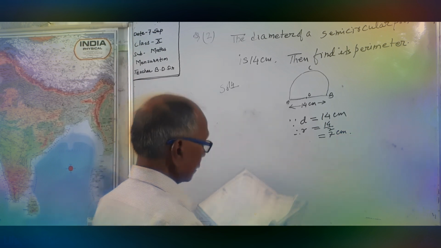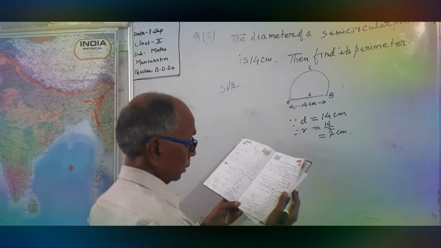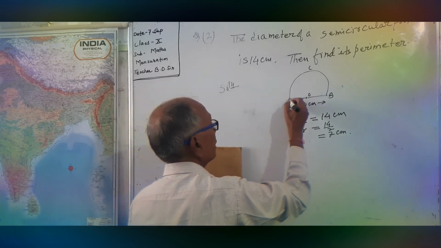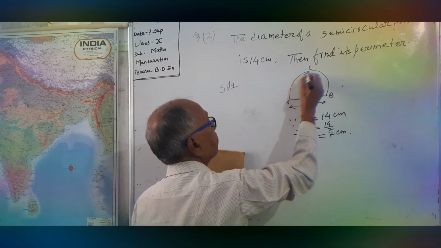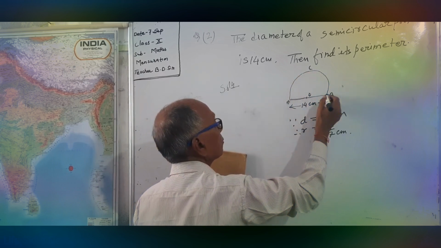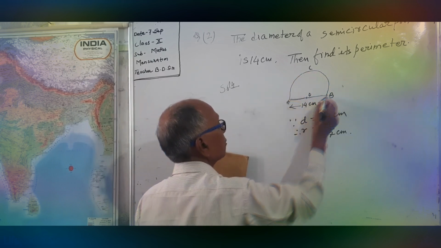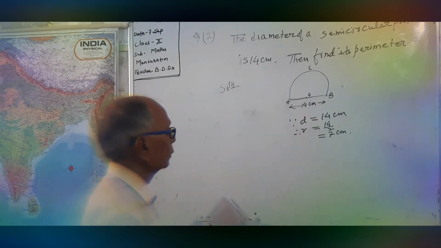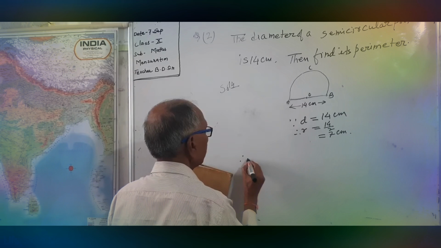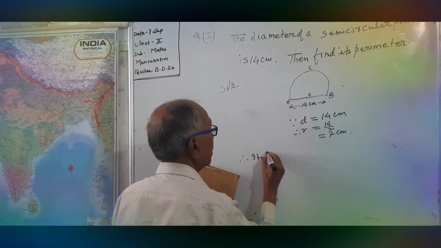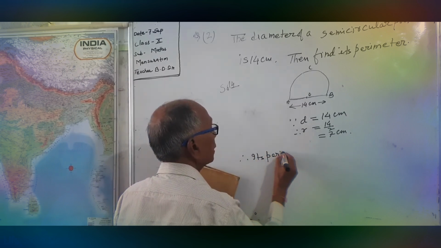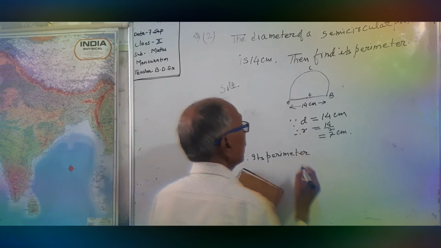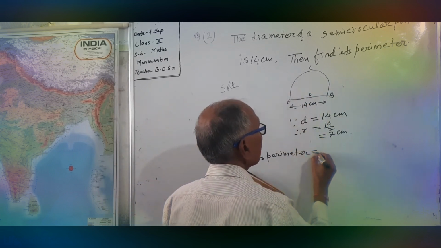So, what is asked in the question? Find its perimeter. Find its perimeter means length of this plus length of this, means the total length. Therefore, its perimeter means length of the semicircle.